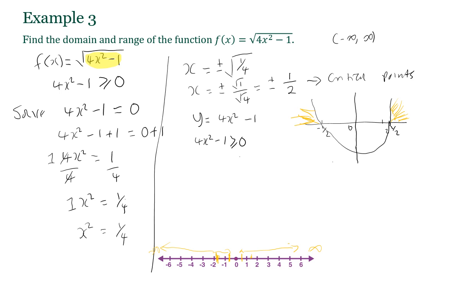So we have anything from minus infinity up to minus 1 over 2, but we have to use square brackets since it is less than or equal to, and for the other one, union, anything from 1 over 2 up to infinity. That is, we can just say x is less than or equal to minus 1 over 2, or x is greater than or equal to 1 over 2.